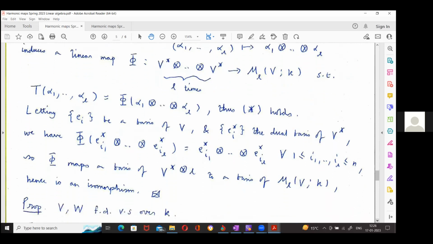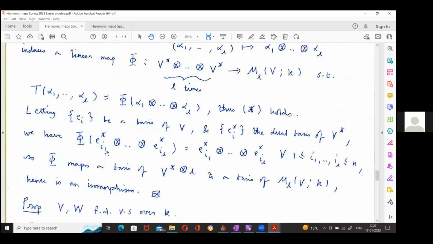So now to show that phi is an isomorphism, we just check that it sends a basis to a basis. Okay. So let e_i be a basis of V, and e_i star is the dual basis of V star. Then what does phi do to an abstract tensor product, e_i1 star tensor ... tensor e_iL star? It maps it to the concrete tensor product, e_i1 star tensor ... tensor e_iL star.